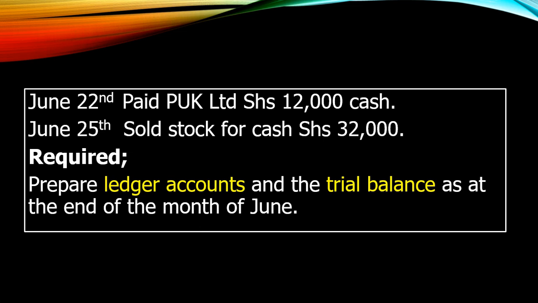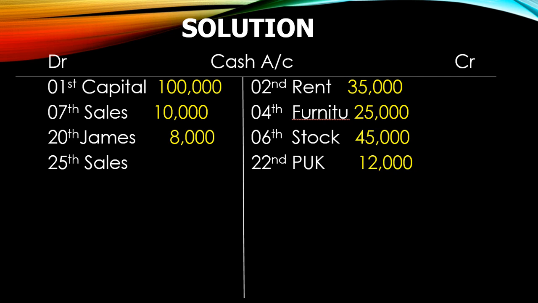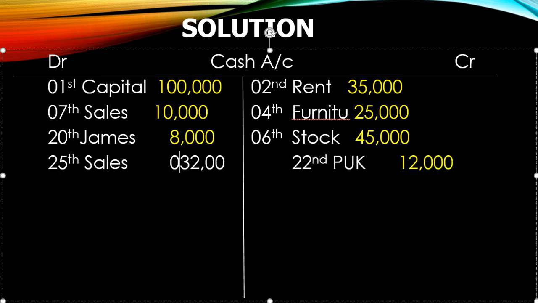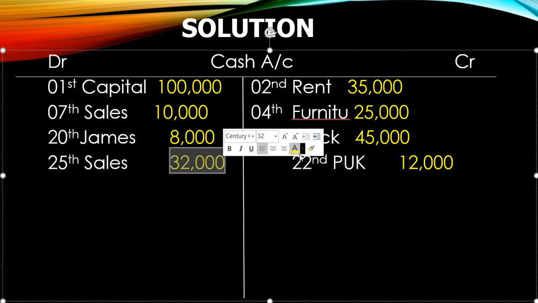So we are going now to debit the cash by 32,000.